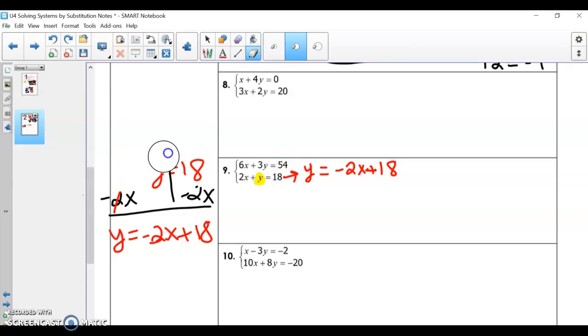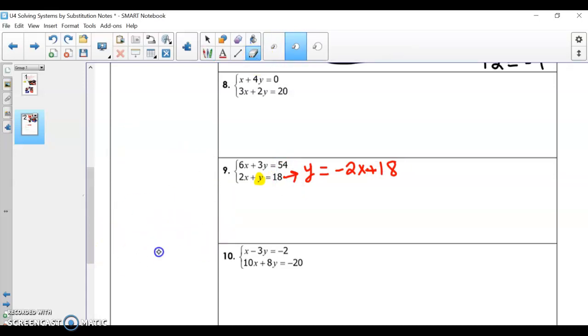I'm going to erase this to get some of the clutter off the paper. Now that we know that y stands alone for this one, you're going to take that and plug it into the other equation, the top equation.